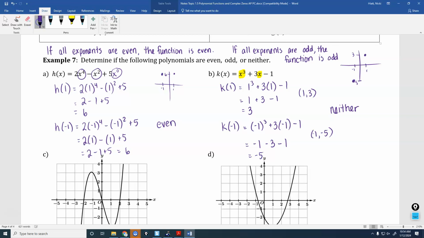Because I've got x to the 3rd right here, and this x doesn't have an exponent, so it would have an exponent of 1. 3 and 1 are both odd numbers. Why is that one neither? Beside the 1, we've got x to the power of 0 right there. So that one has both even and odd exponents, so it is neither odd nor even.